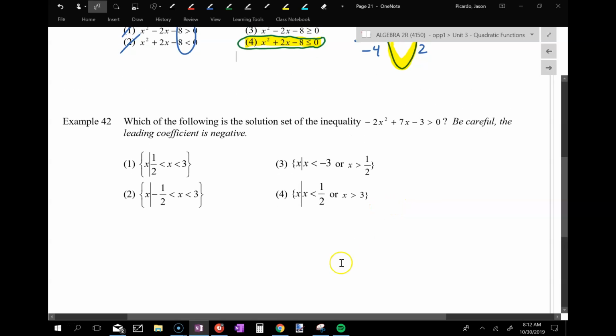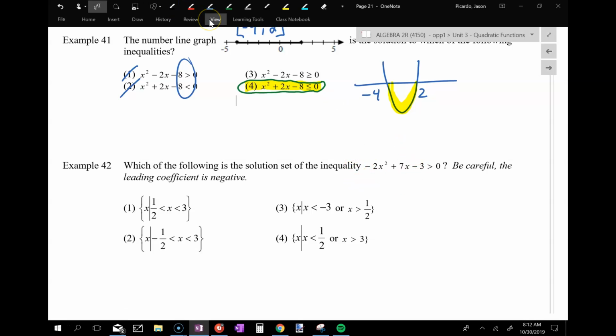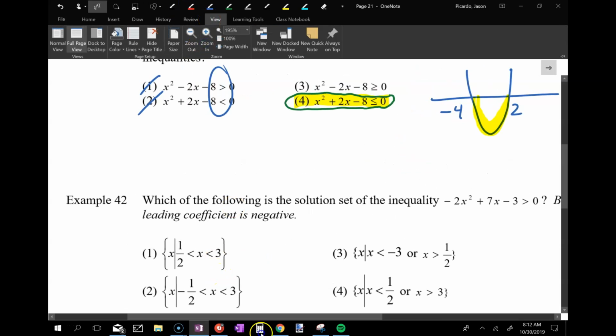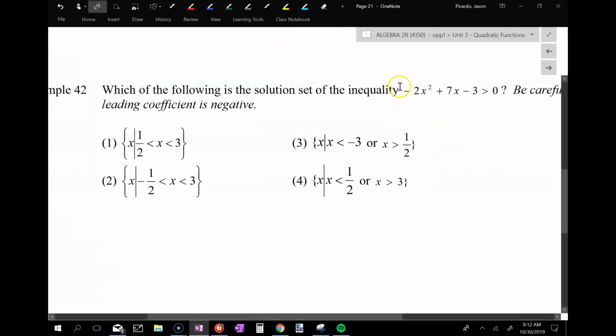All right, last question. Which of the following is the solution to this? Guys, this is the first time I've done this, right? I gave you a parabola with a negative x squared. So what do I know? I have a sad parabola. Now, what do I want to know about this parabola? I want to know, where is this parabola greater than 0?